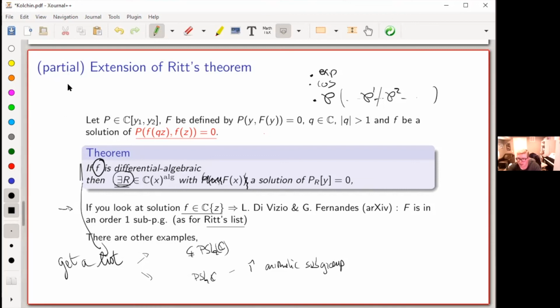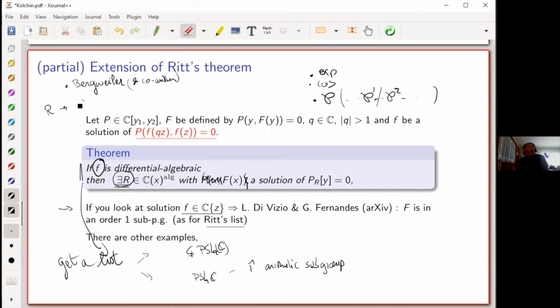There are generalizations by, I remember just one name, Berg-Weiler, and co-authors, but there are more, which replace R by, for instance, an entire function, a function which is holomorphic on the whole plane, not rational but holomorphic on the whole plane.